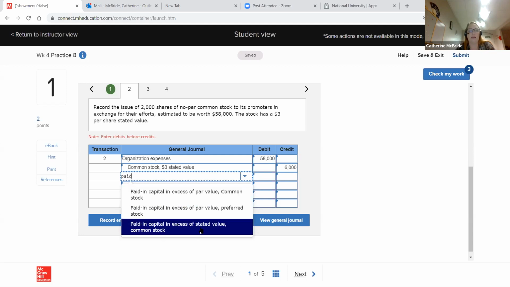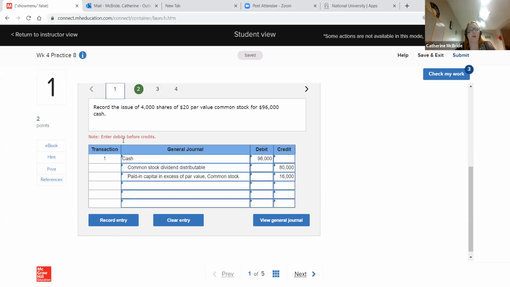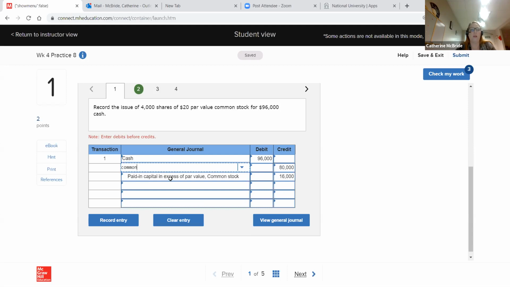Oh, in excess of stated value, common stock. So pay attention to those issues. So this is $52,000. Also, I'm going to go back to number 1, and I think this was wrong anyway. Common stock, this had $20 par value.